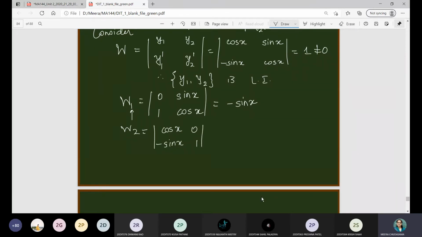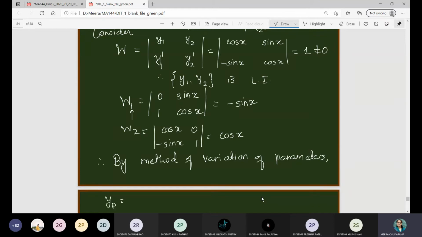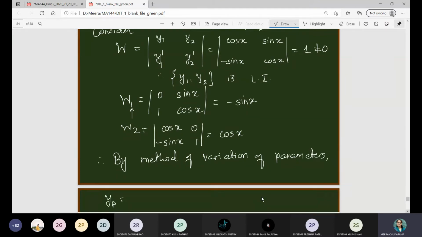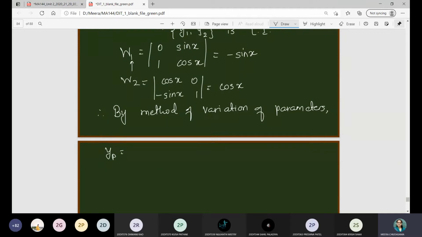So when you solve it, you will have cos x as the W2. So therefore by method of variation of parameter, what is the formula? Yp is equal to u1(x) y1(x) plus u2(x) y2(x).